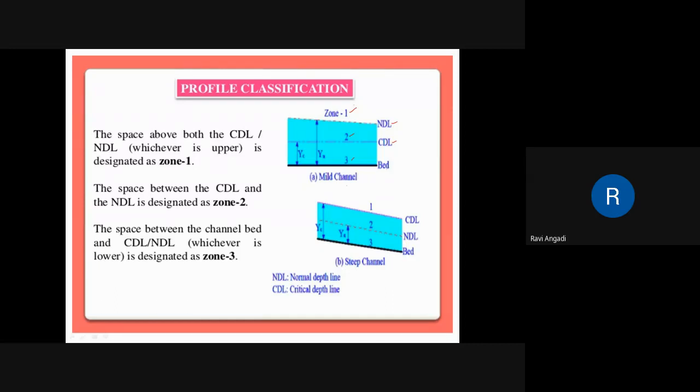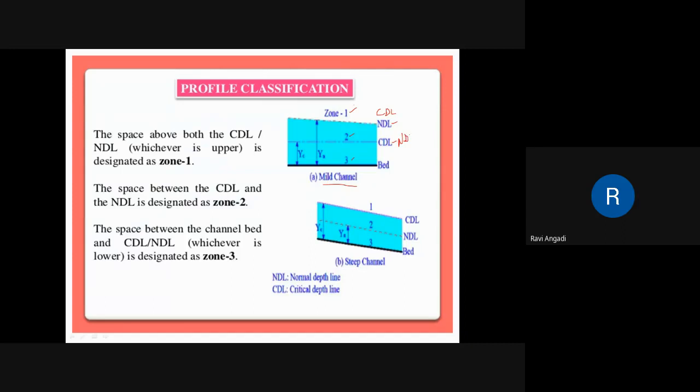So it is a mild channel here. Let us understand the mild channel. The space above both the CDL and NDL, whichever is upper, is designated as zone 1. Sometimes the CDL could be above, or the NDL could be above.